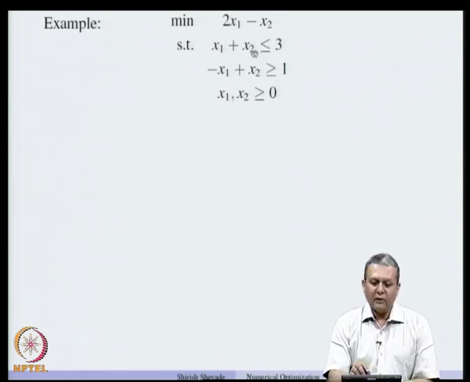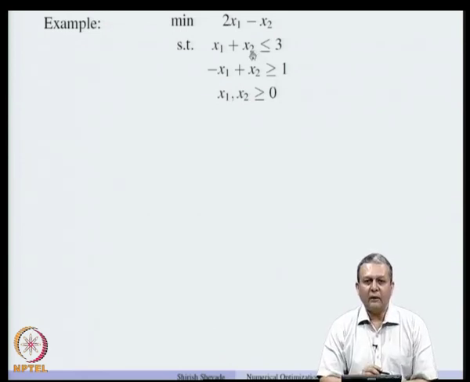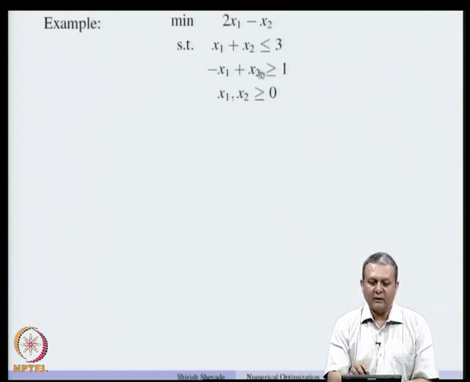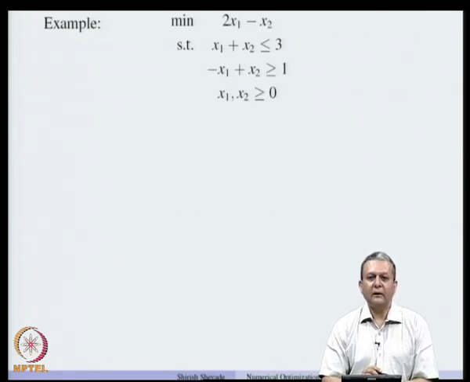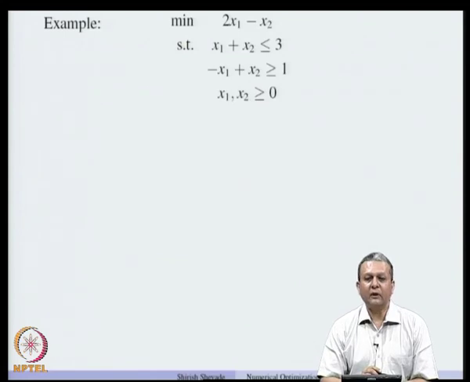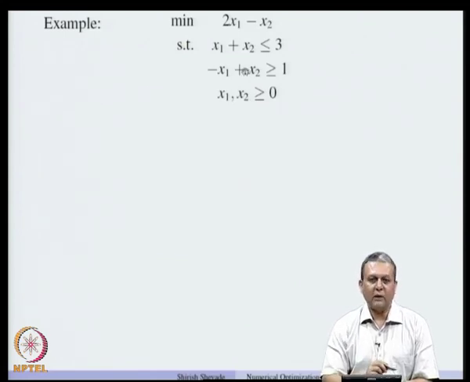Now, in the first constraint we can add a slack variable, and that itself can be made as an artificial variable. In the second constraint we need a surplus variable and also an artificial variable. So, if we do that, then we can get an identity matrix associated with the constraint set matrix.